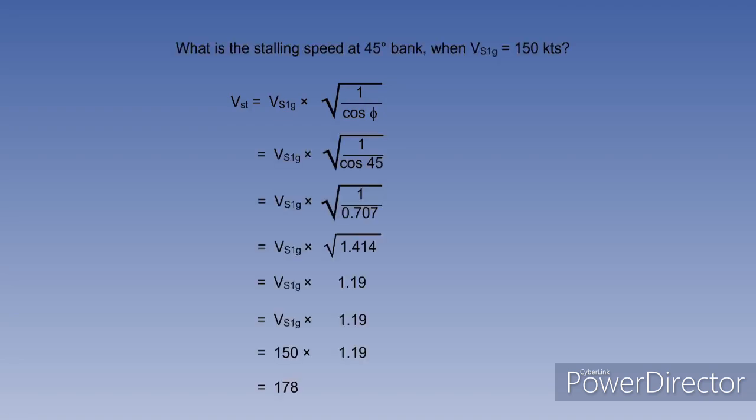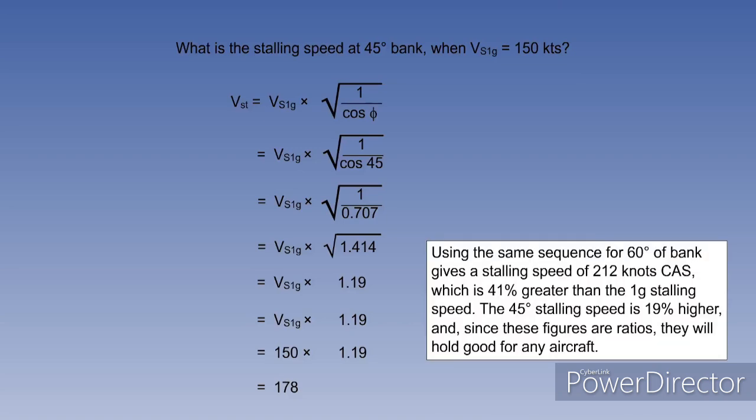As an example, if the 1G stalling speed is 150 knots, what would be the stalling speed at 45 degrees of bank? The working on the screen shows the result to be 178 knots CAS.